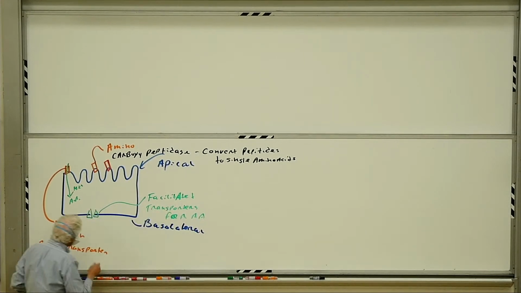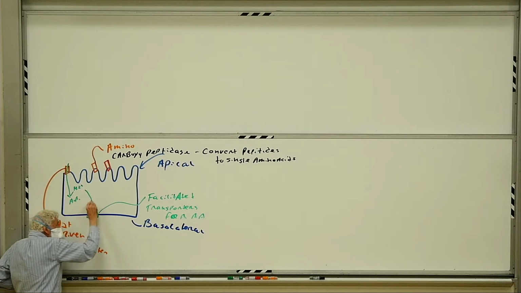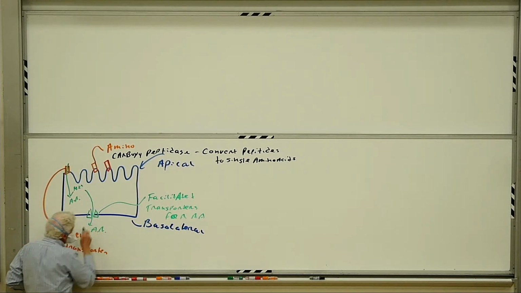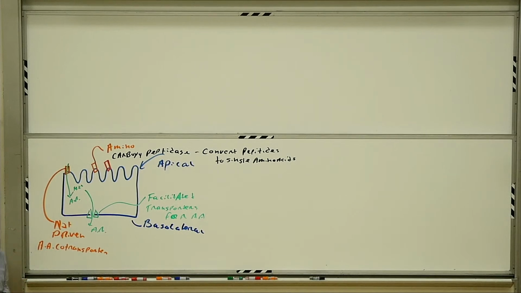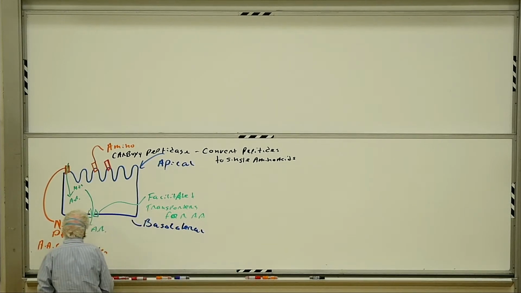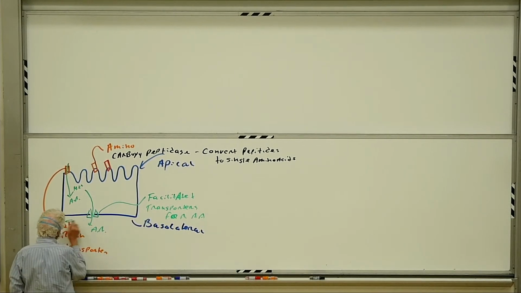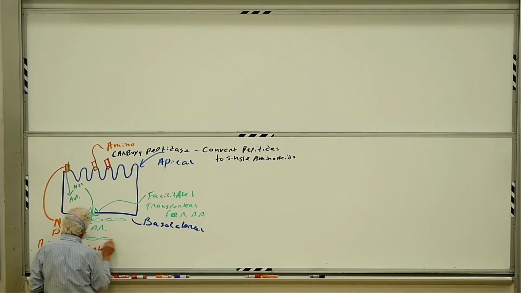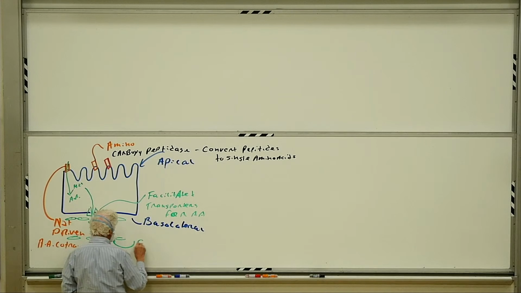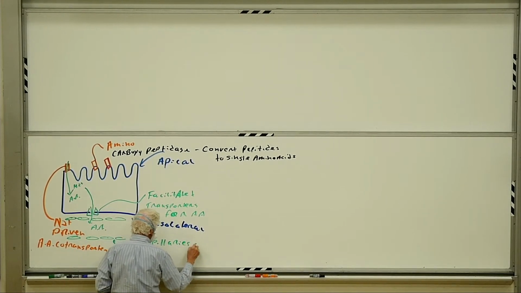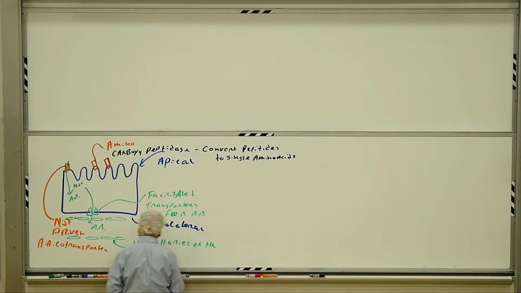So the amino acids now can basically, just by diffusion, diffuse out across the basolateral surface. Now remember from the picture we just showed that right next door to the basolateral surface are these capillaries of the hepatic portal system.